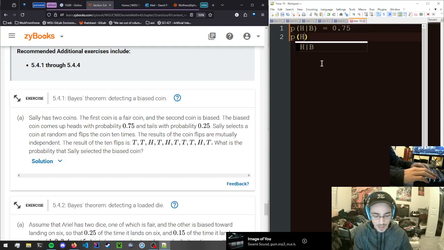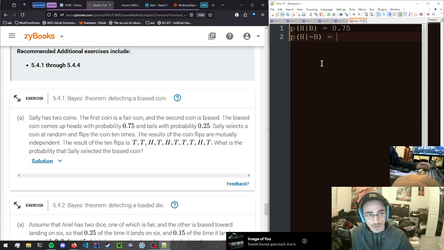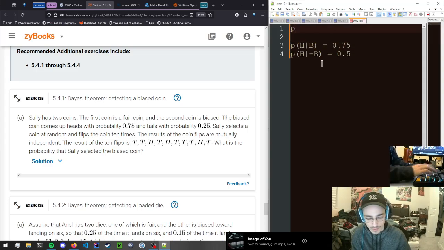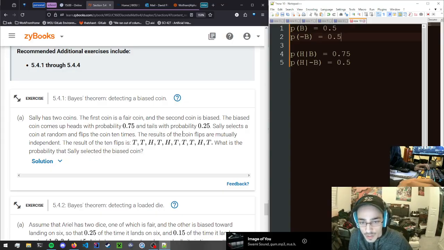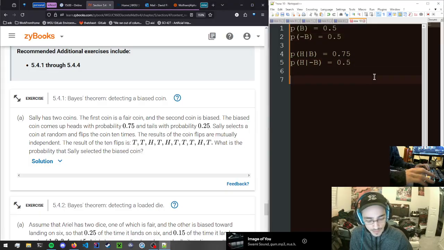Okay. Heads given not biased coin is half, because that's just how that works. Probability of getting a biased coin, they are both half, because it says she selects a coin at random. And then she flips it 10 times. And the results are mutually independent. So the result of the 10 flips is this. What is the probability that she selected the biased coin?